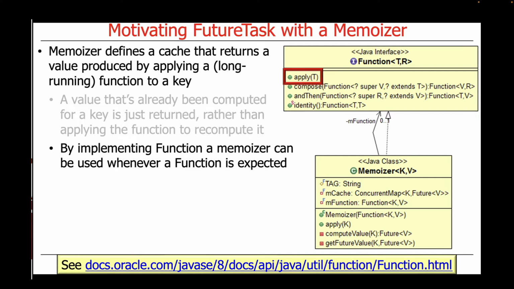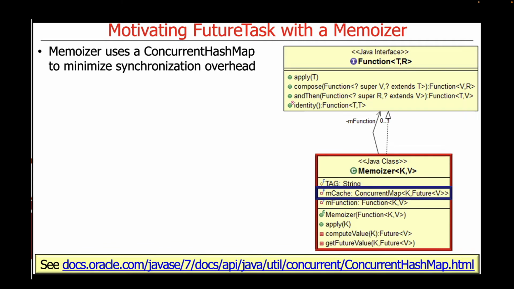By implementing the functional interface, a Memoizer can be used whenever a function is expected. And this is going to turn out to be a really cool thing, and you'll see how we get to use that. So you can basically transparently add memoization to your programs in lieu of just using a function that gets called every time. And that's really, really neat.